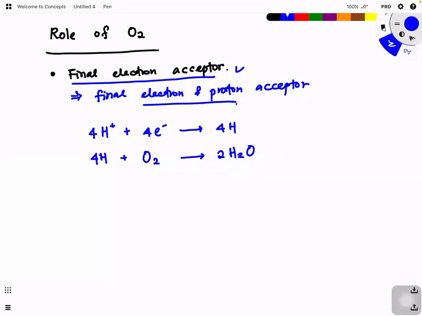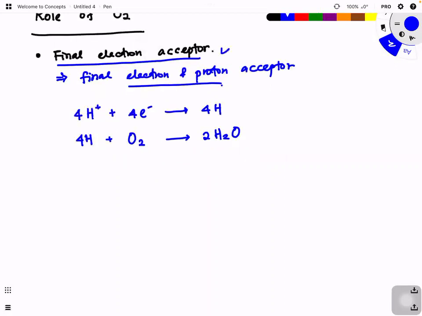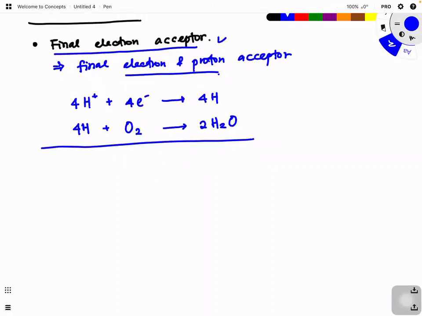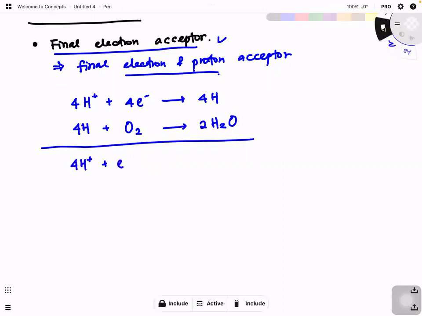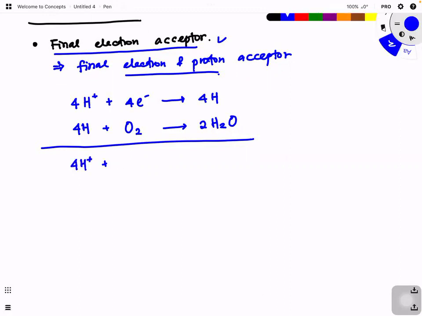Putting them all together, the overall equation is 4 H+ plus 4 electrons plus O2 gives 2 H2O. Clear, guys? So what's the role of oxygen? It is the final electron and proton acceptor. It accepts the electrons and also the protons.